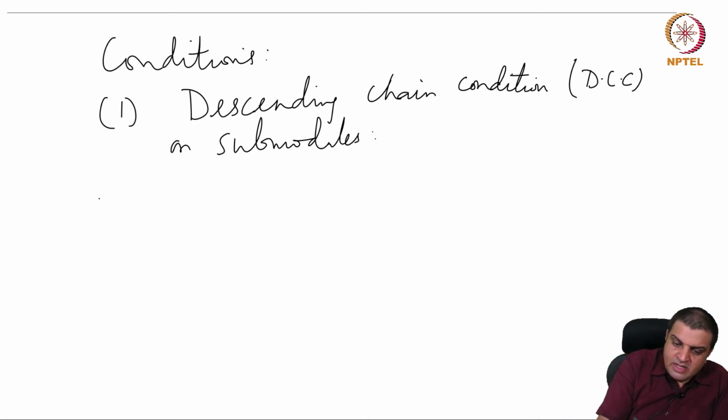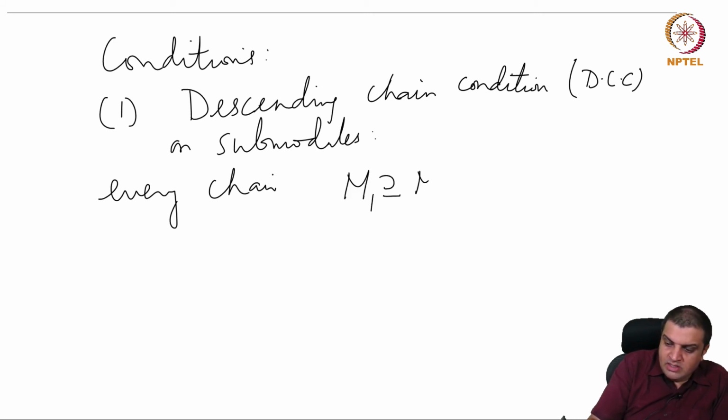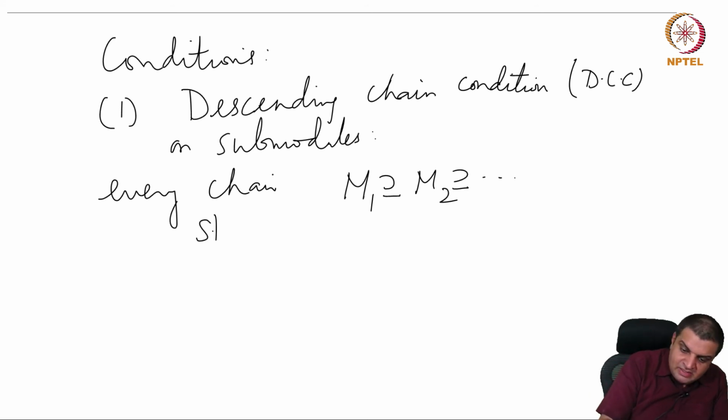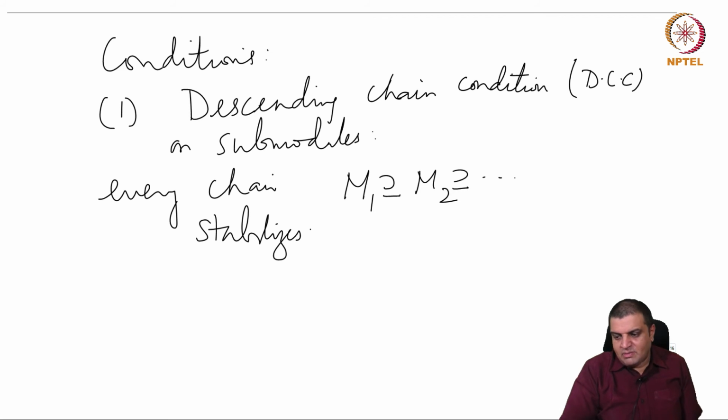What does this say? Every descending chain M1 contains M2 and so on gets progressively smaller and stabilizes. That is, there is some Mn such that thereafter it's equal to Mn.